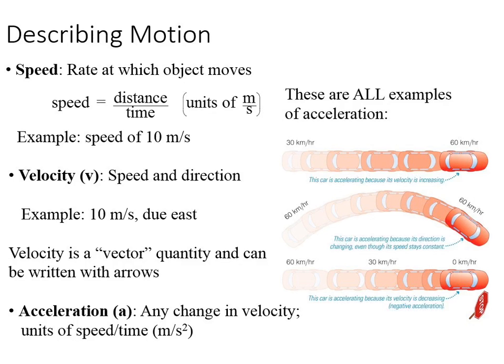If something's accelerating, whether it's speeding up, changing its direction, or slowing down, something is causing that acceleration. Specifically, some force is causing that acceleration to occur. Okay, that's Newton's second law.